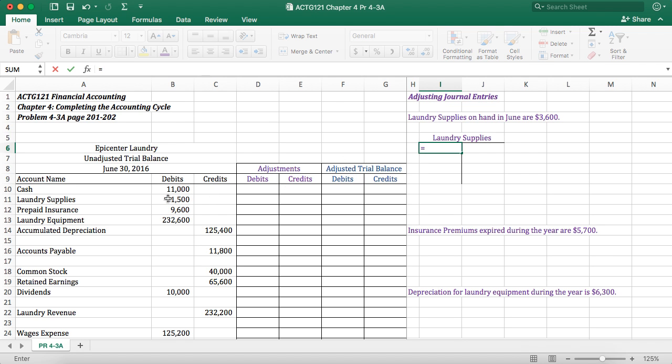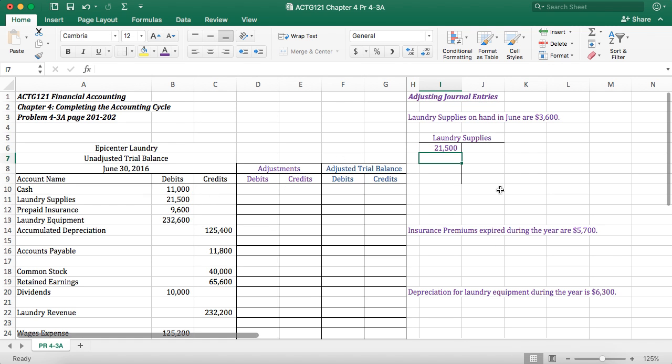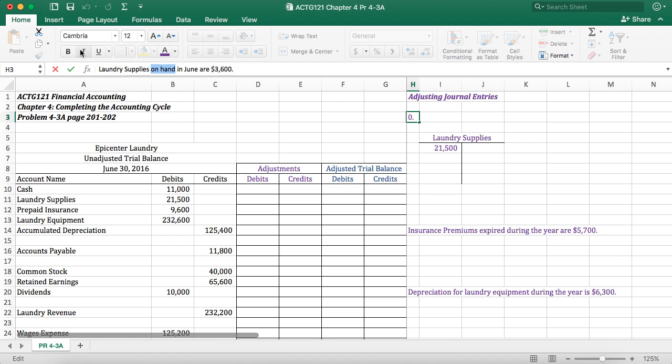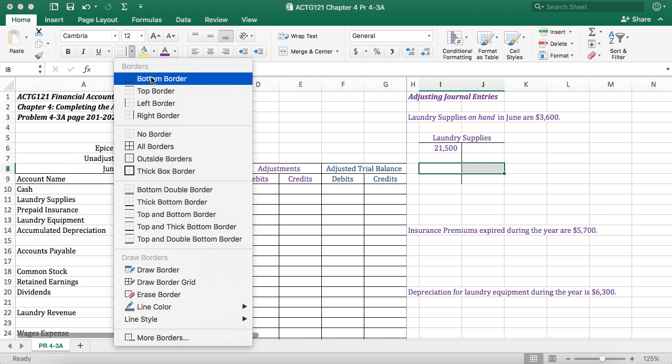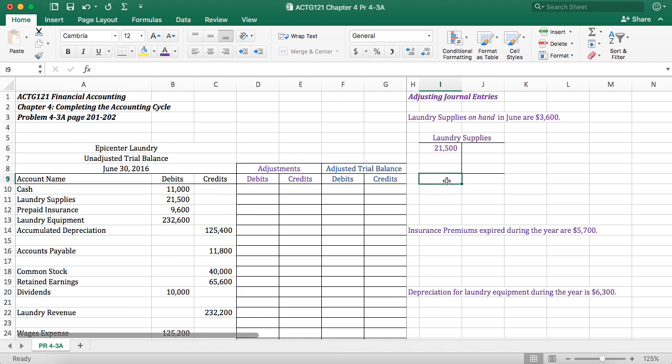So I'm going to put that here, $21,500. And it says laundry supplies on hand. Here is the hint, on hand. This means the ending balance. So let's put a line in here. And this is the ending balance.